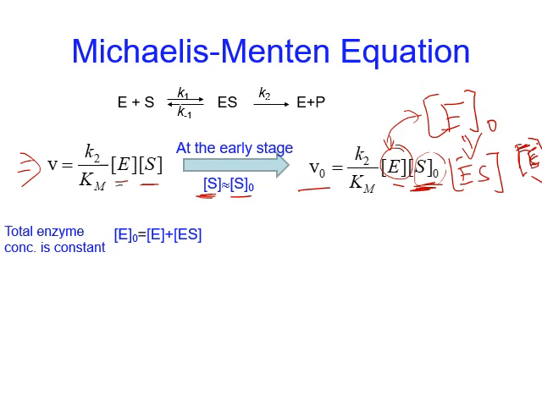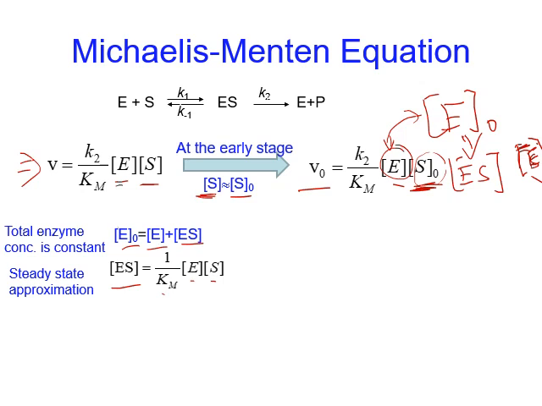So the free enzyme plus the enzyme substrate complex should equal the initial enzyme concentration. So that's one equation. Another equation is the result from the steady state approximation. The enzyme substrate complex equals 1 over the Michaelis constant times E times S. This equation was derived in the last two slides.